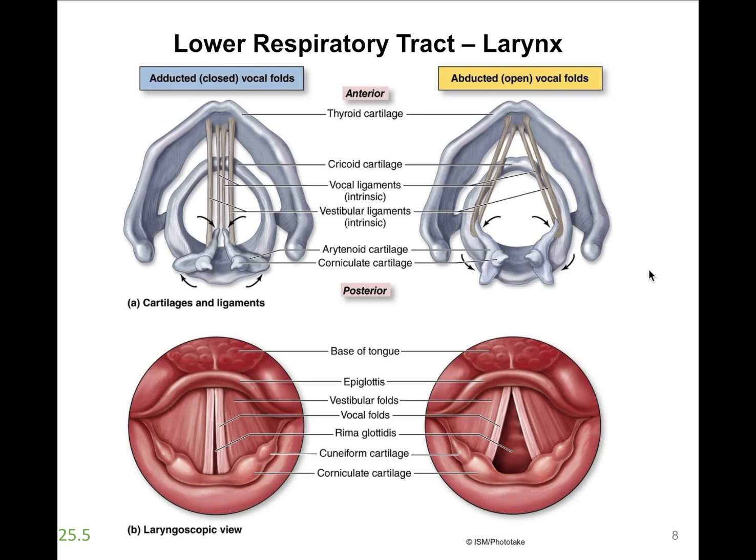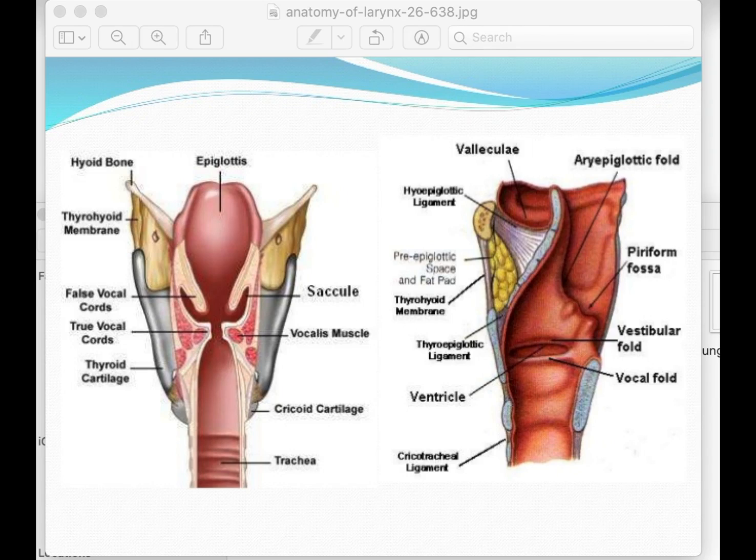So I'm going to switch to a different view here and show you this from the side. So this grainy picture here is showing you that view from the side. So you were looking down into the larynx from the top, and this first piece you see right here is where the vestibular ligament is, and it's covered by a membrane.